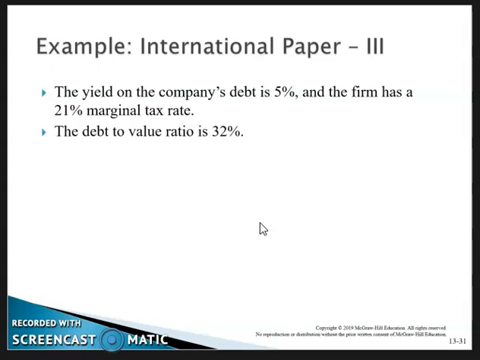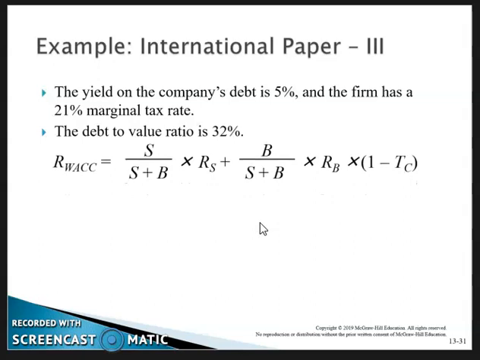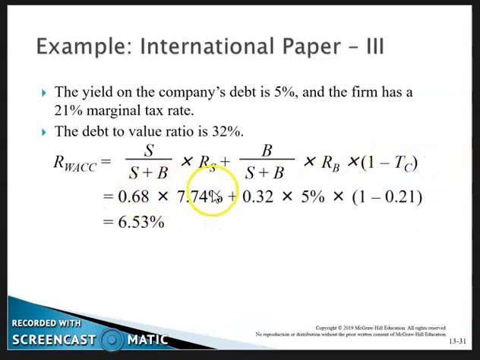So remember our formula? We have our weight in stocks multiplied by the required rate of return on stocks, plus the weight in bonds multiplied by the yield to maturity on the company's debt, multiplied by 1 minus the tax rate. They give us the 32% here. So the weight in stocks has got to be 1 minus 0.32, or 0.68.